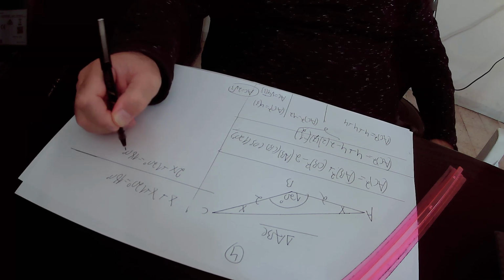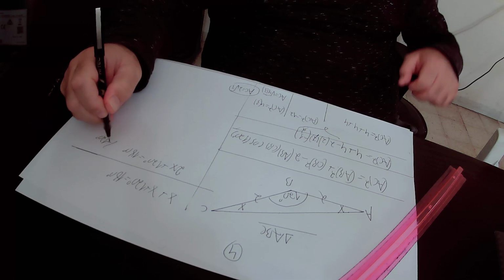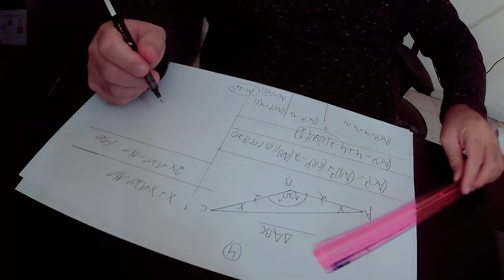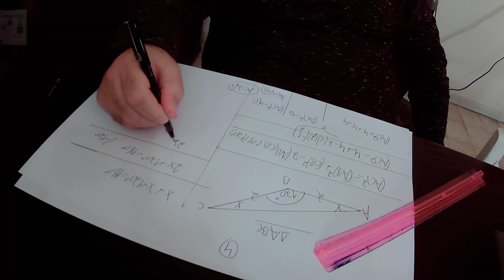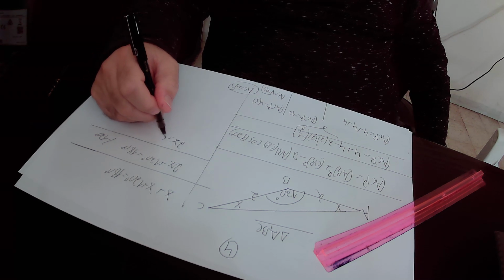Here we subtract 120 degrees from the equation, and we get that 2x equals 180 degrees minus 120 degrees, it is 60 degrees.